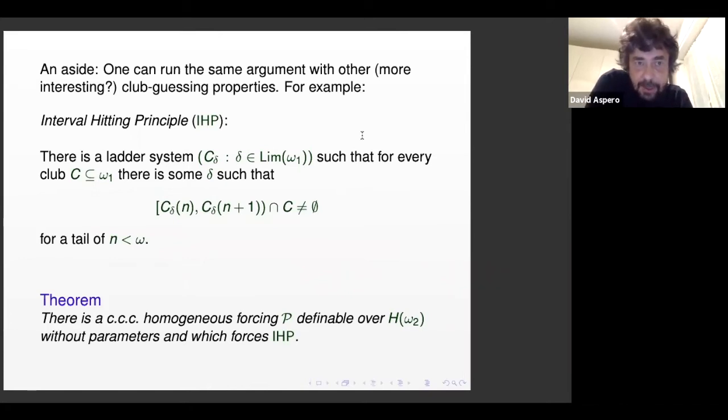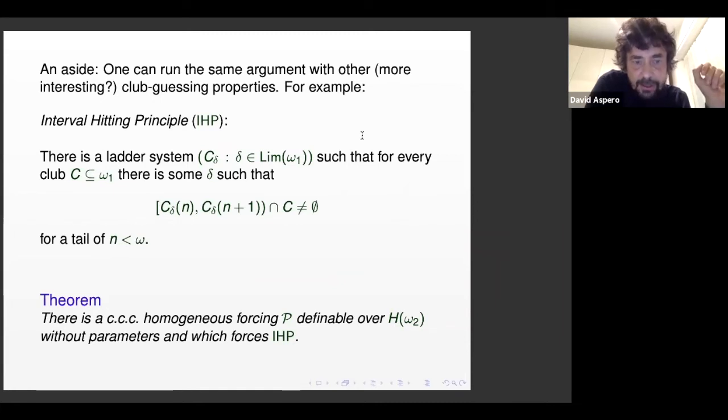For example, you could look at this interval hitting principle, which says that there's a ladder system C delta such that for every club C in omega 1, there's some delta such that a tail of the intervals between each element defined by C delta and the next element in C delta all have non-empty intersection with C. That's for a tail of n's.